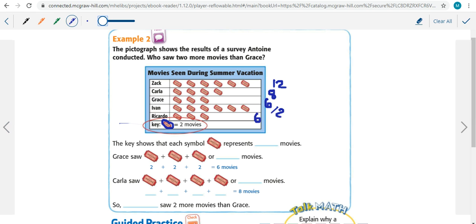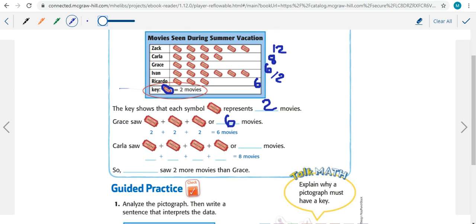Now, the key shows that each symbol represents 2 movies. Grace saw 2 plus 2 plus 2 equals 6 movies. Carla saw, each ticket is 2 movies. 2 plus 2 plus 2 equals 8, so Carla saw 8 movies.